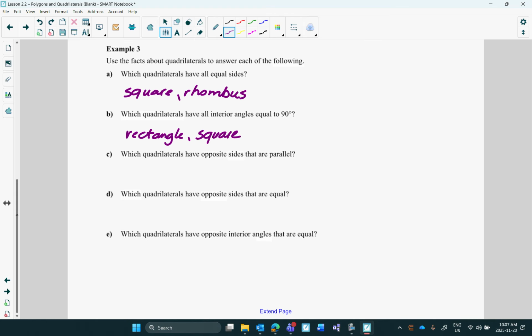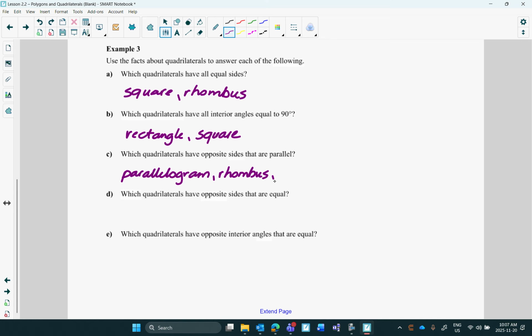Which quadrilaterals have opposite sides that are parallel? Yes. What else? Rhombus. What else? Is the rectangle's opposite sides parallel?